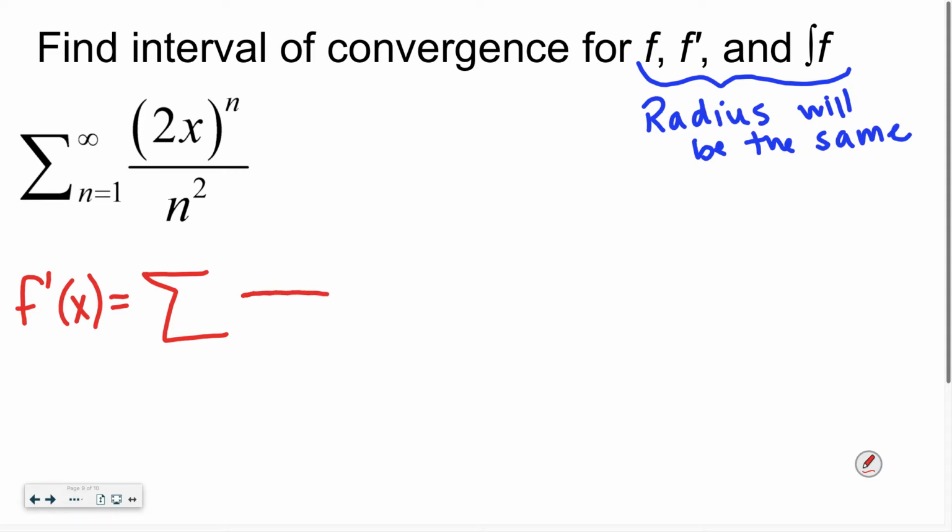We are taking the derivative with respect to x, so this n squared stays as n squared. But this is 2x to the n. So we have, oh, chain rule, times 2.